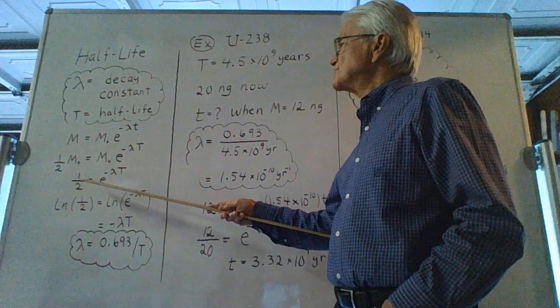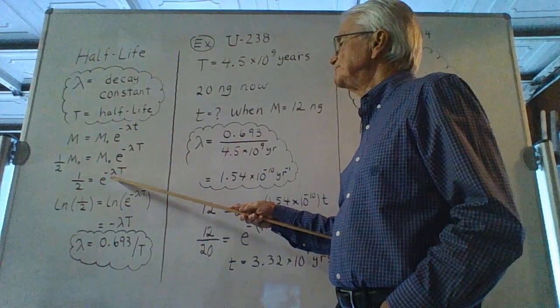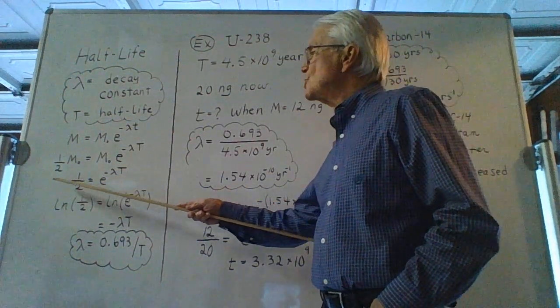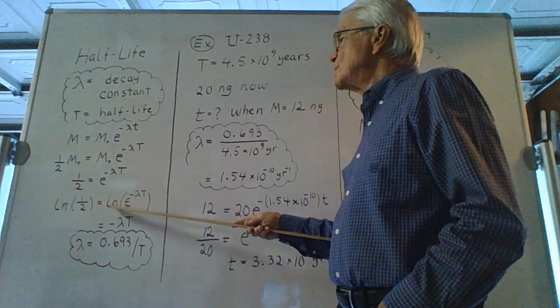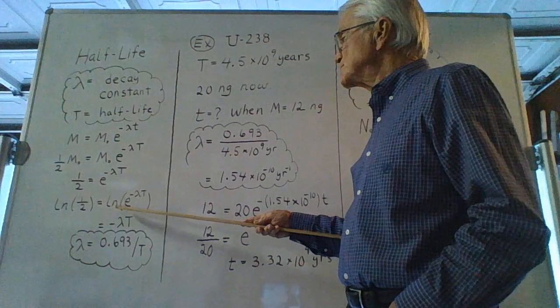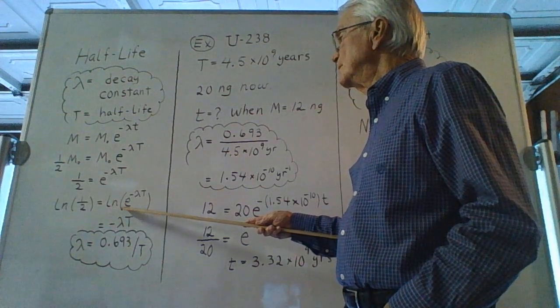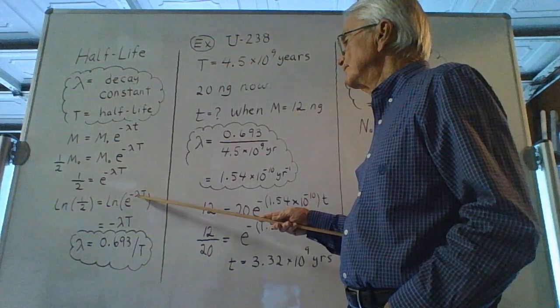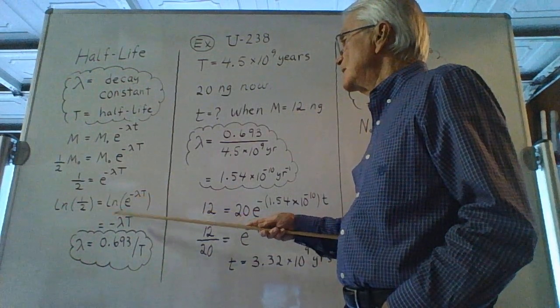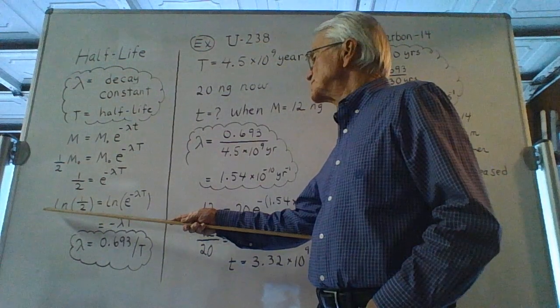Divide out the m naughts, and this is the equation you arrive at. Take the natural log of both sides. Recall that the natural logarithm operator is the inverse of the exponential operator. And so what's left on the right side is negative lambda t. And this is negative 0.693.